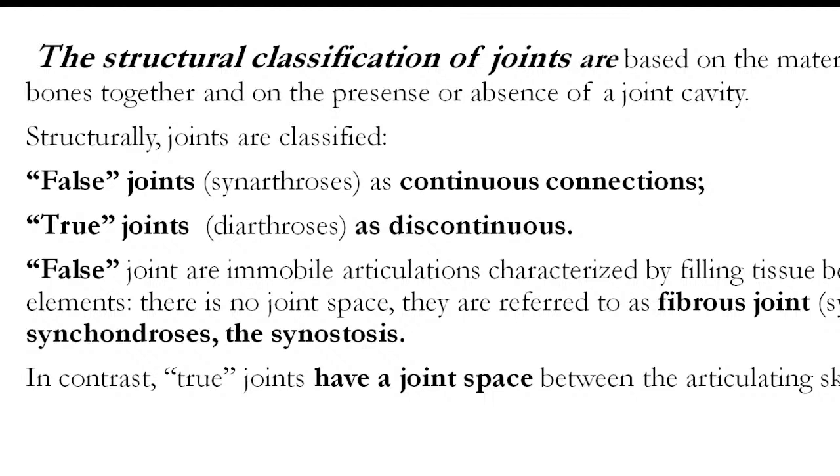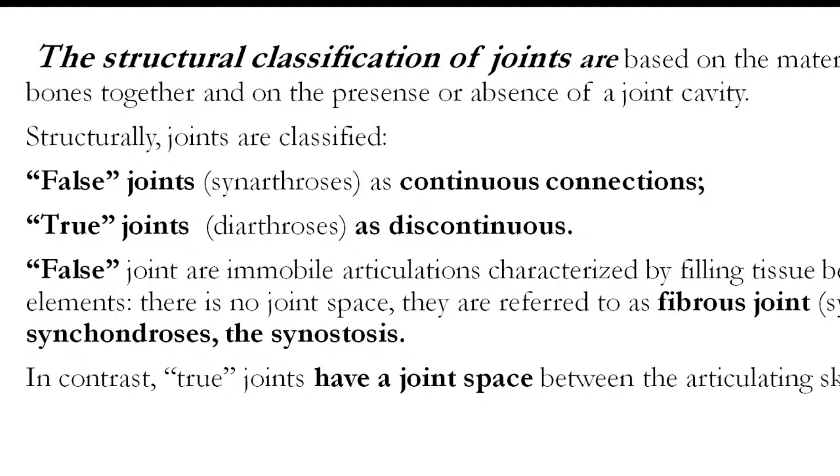The structural classification of joints is based on the material that binds the bones together and on the presence or absence of a joint cavity. Structurally, joints are classified first as false joints, synarthroses, continuous connections, and true joints, diarthroses, discontinuous. False joints are immobile articulations characterized by filling tissue between the skeletal elements.